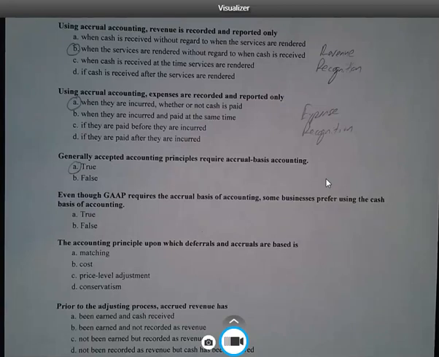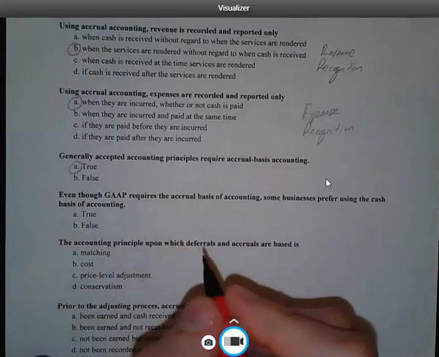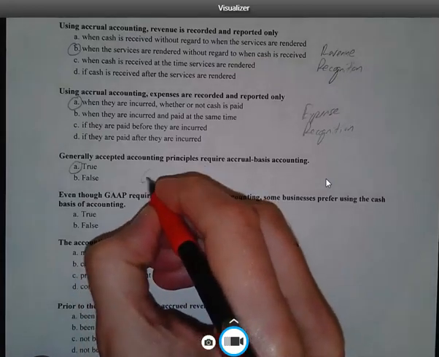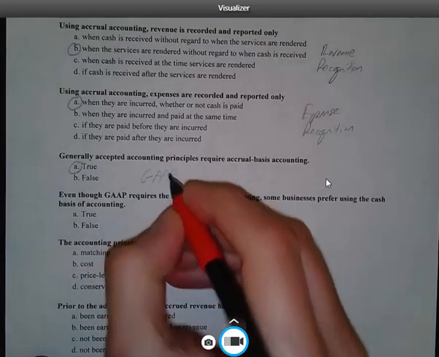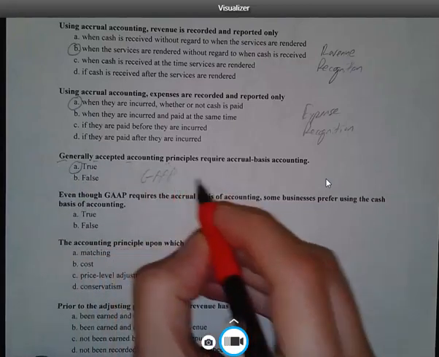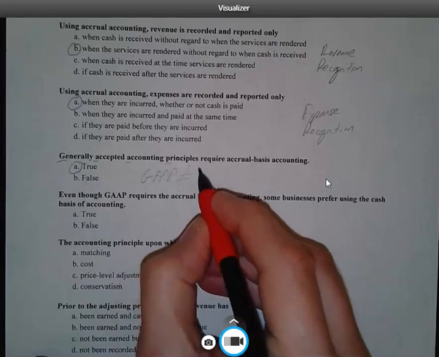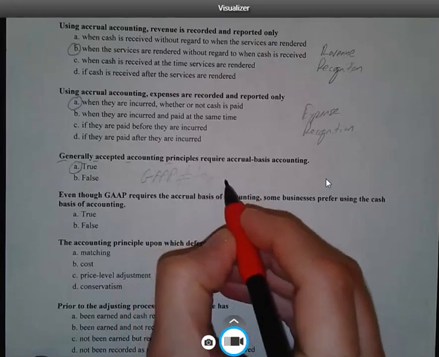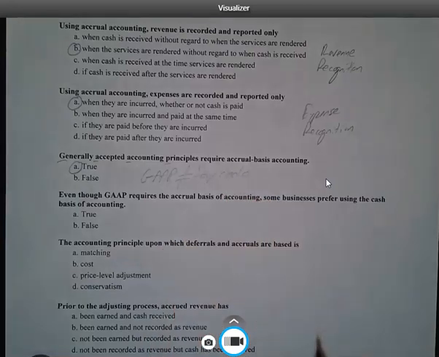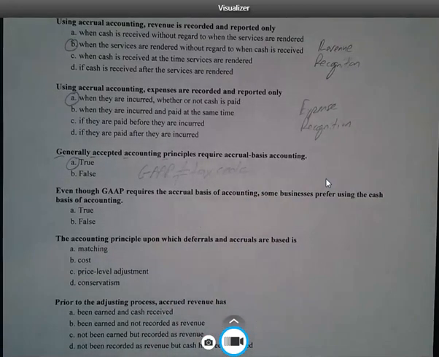So what I want you to understand here is that GAAP, generally accepted accounting principles, is not equal to tax code. They're two separate things.